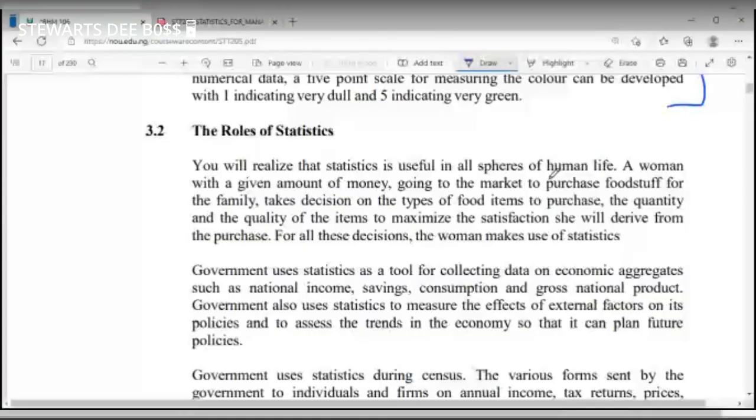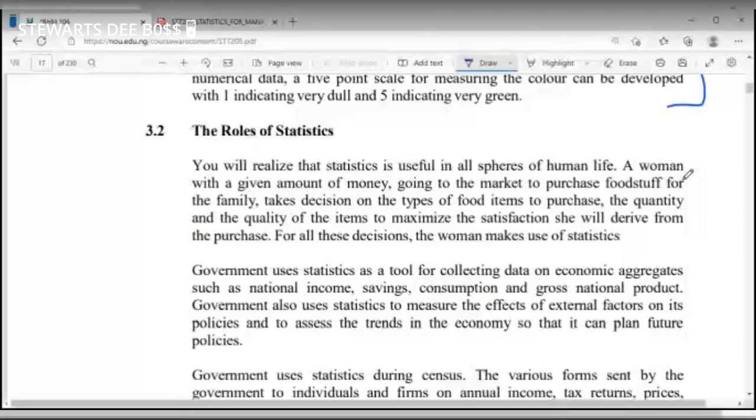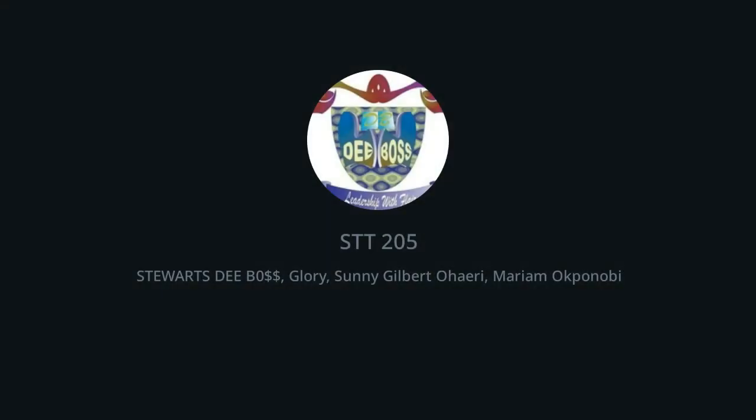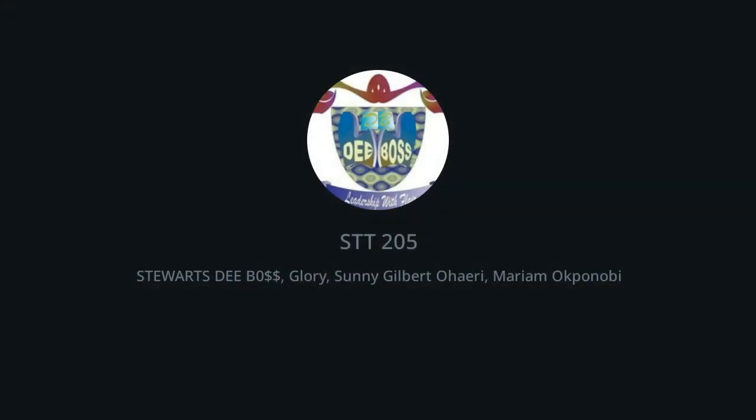Apart from that, she needs to look at the satisfaction she's going to get from any goods. Some goods might be of top quality, but they might not be satisfying. Some might have a lot of quantity, but they might also not be satisfactory. So she considers that as well.